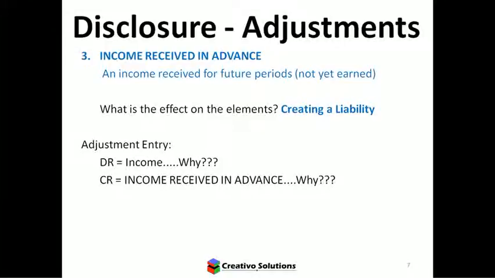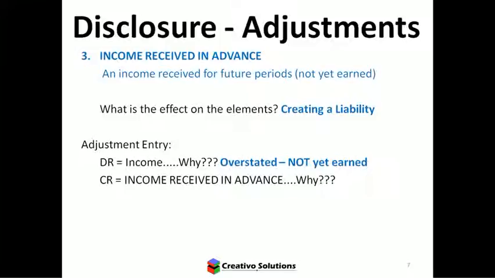But when receiving the income, I would have recorded it as an income, meaning the income was too high. It was overstated. I haven't earned it yet. So that's why I'm going to debit the income, because by debiting income, I'm reducing the income because I haven't earned all of it yet. It is overstated and therefore I have to reduce it.